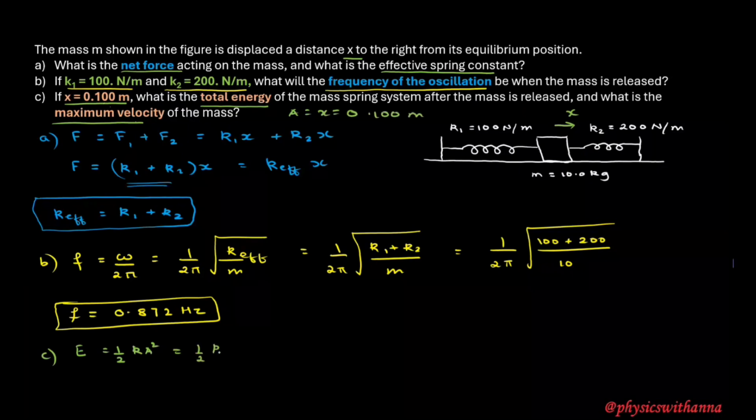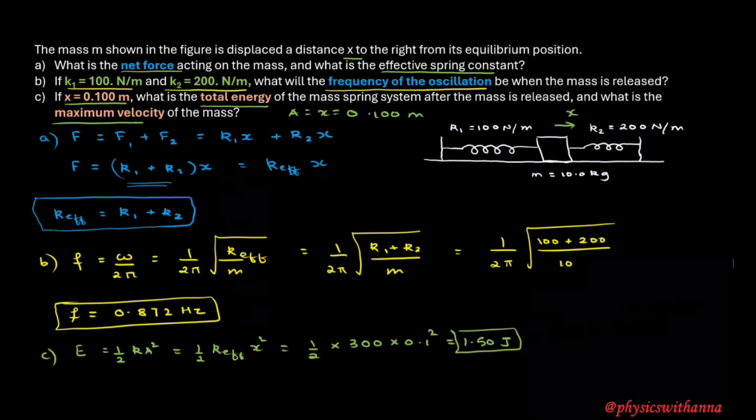K here will be K effective, which is 100 plus 200, which is 300. So E is half times 300 times 0.1 squared. That gives you the energy to be equal to 1.50 joule.